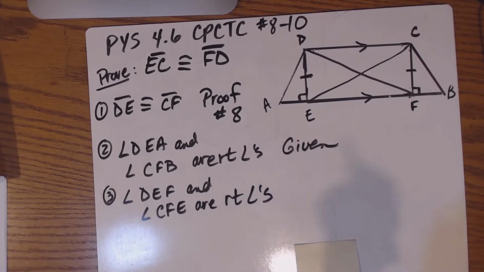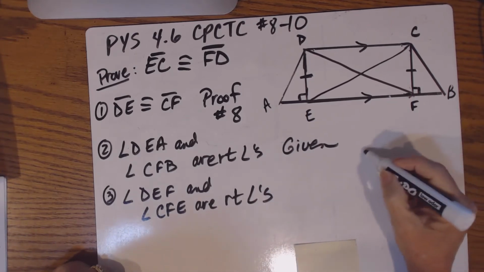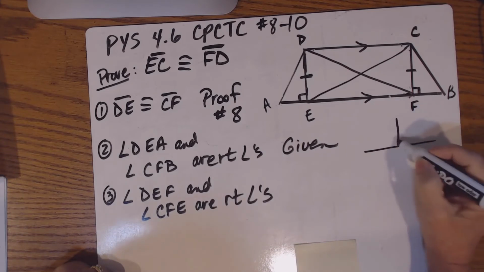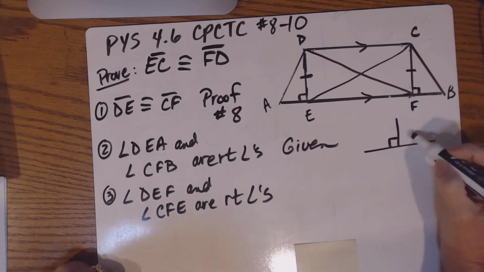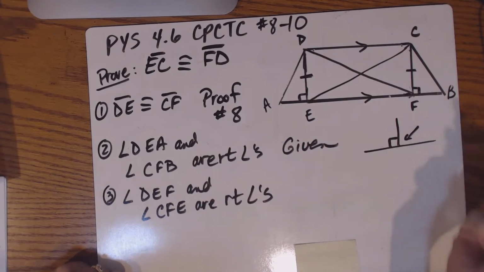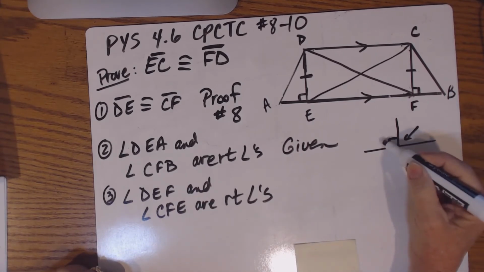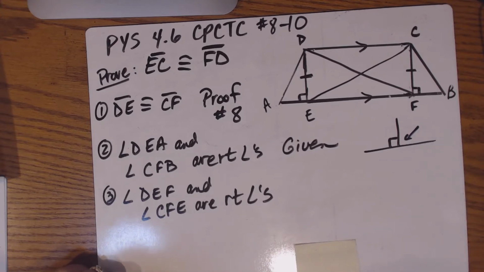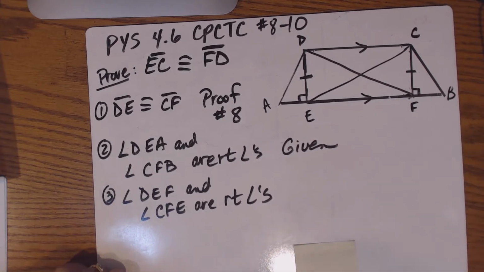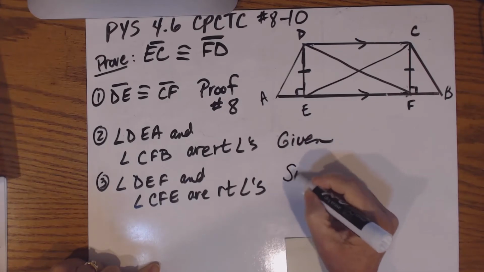Well, it turns out we also have had a congruency statement that supplements of right angles are also right angles, okay? So if you think about it, if I have a right angle here, this is the supplement of that right angle. So this is a special case that the supplement of any right angle will also be a right angle. So we're going to use that little shortcut statement, okay?